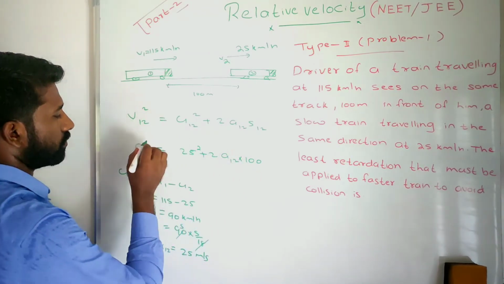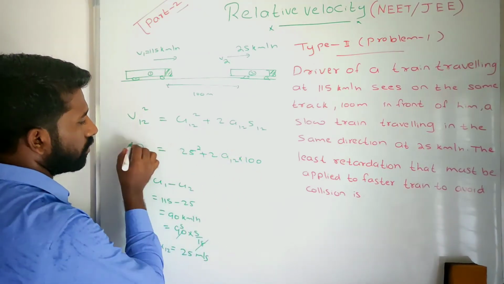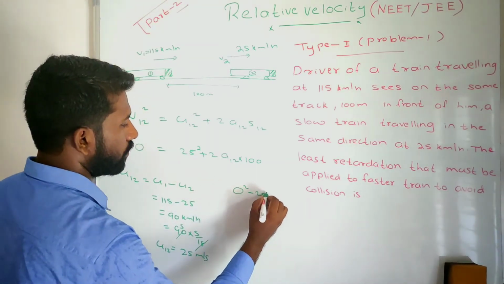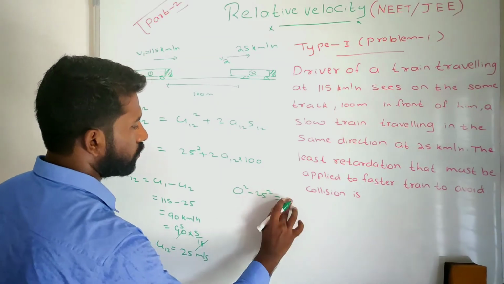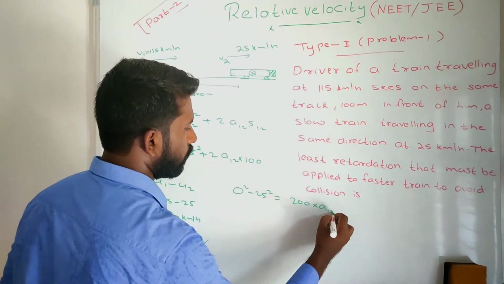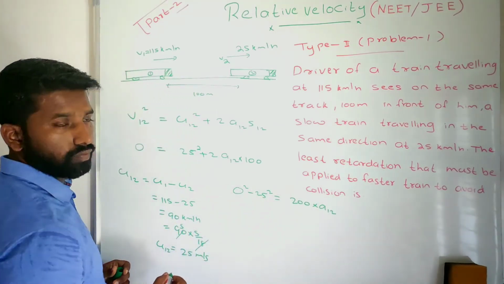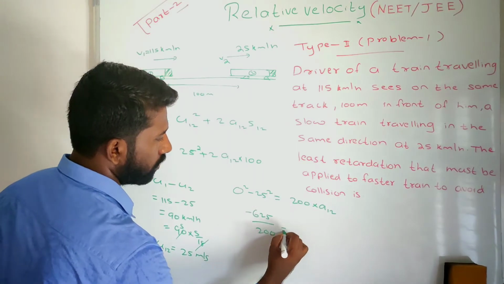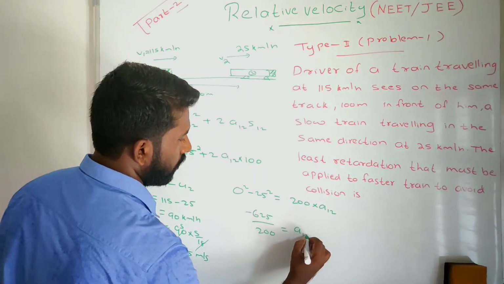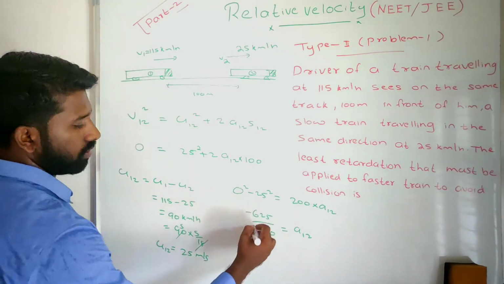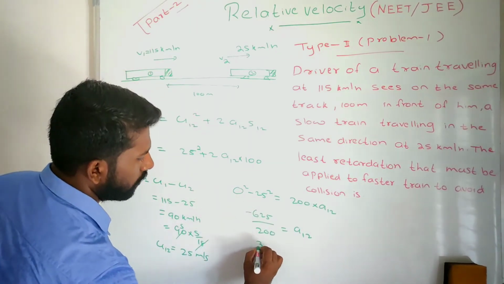So 25 squared comes to this side, and we can write: 0 squared minus 25 squared is equal to 2 into 100, that is 200 into a1. What about 25 squared? That is minus 625 divided by 200. We will get the relative acceleration of the first body with respect to the second body. If you divide this, what will you get?